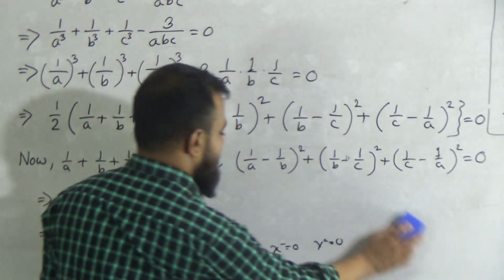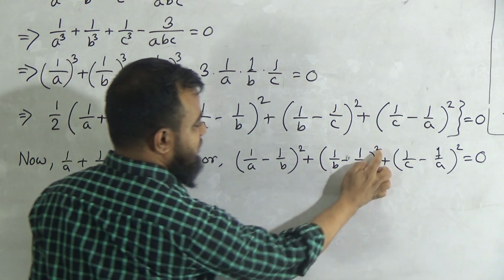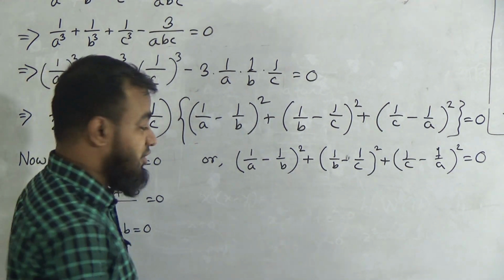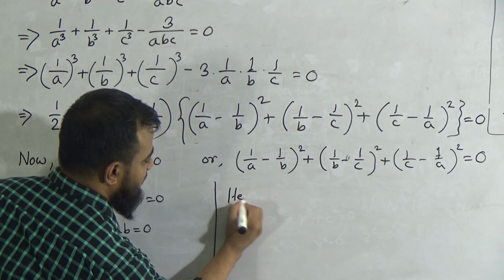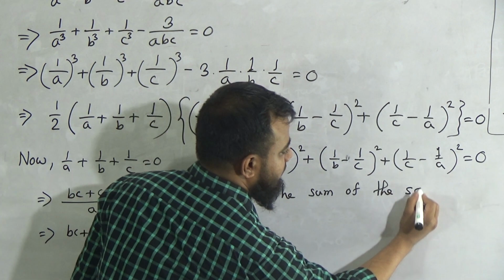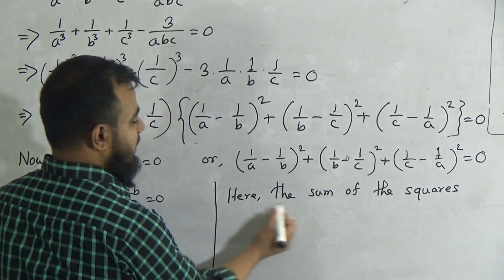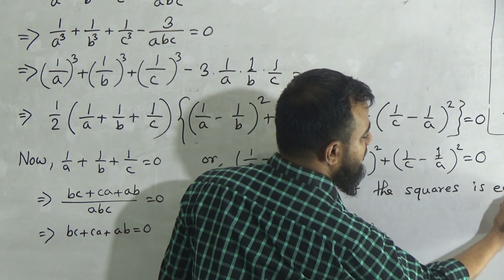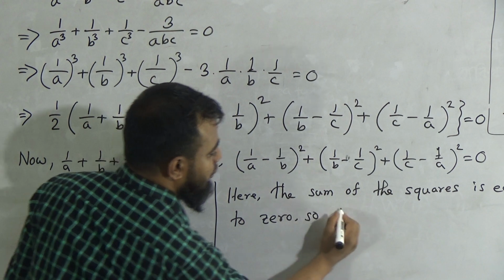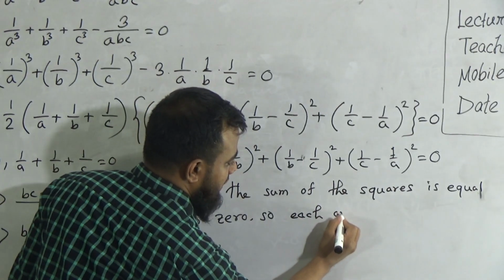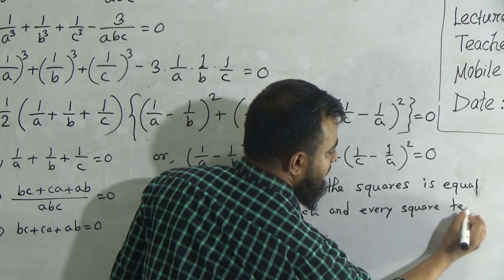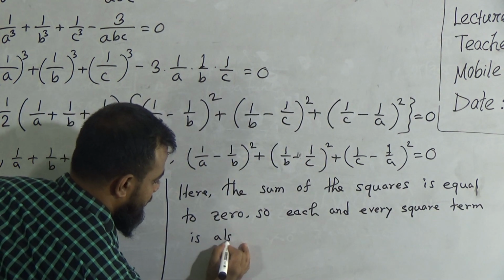From this relationship we can write down, look, my dear students, suppose this is x square plus y square plus z square, that means the sum of the square terms is 0. So we can write down here that the sum of the squares is equal to 0, so each and every square term is also 0.